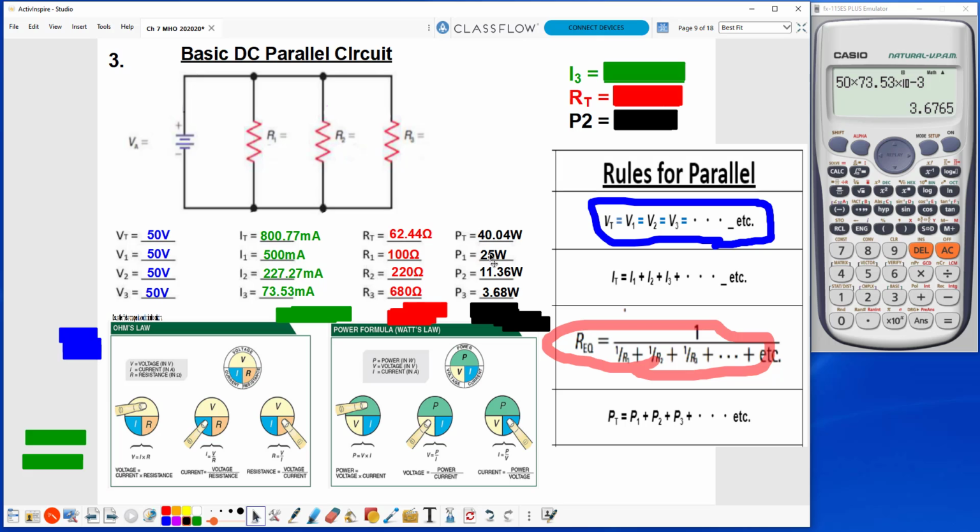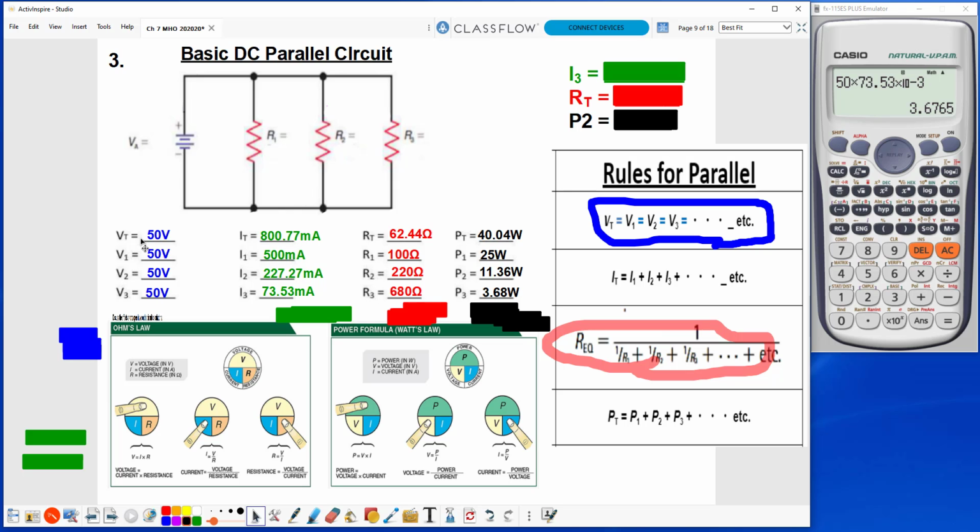A good way to check your work is power should add up. The 25, the 11.36, and the 3.68 should add up to 40.04 watts. And IT times VT is also equal to 40.04 watts. So that's a good way to check your work. Add your powers up, see if they come to the same PT that you have.